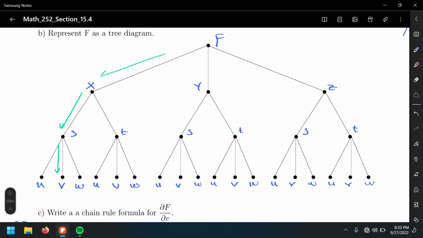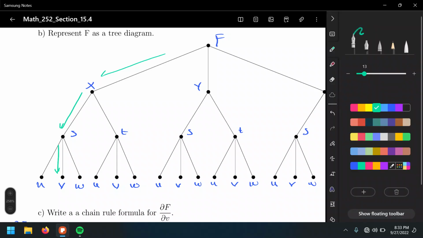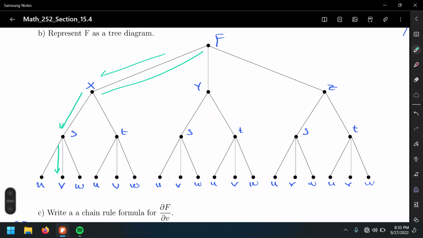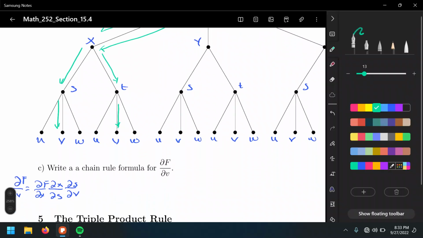Of course there is. Check this out. So we go from f to x again, but this time we're going to go from x to t, and then from t to v. So let's write those partials.